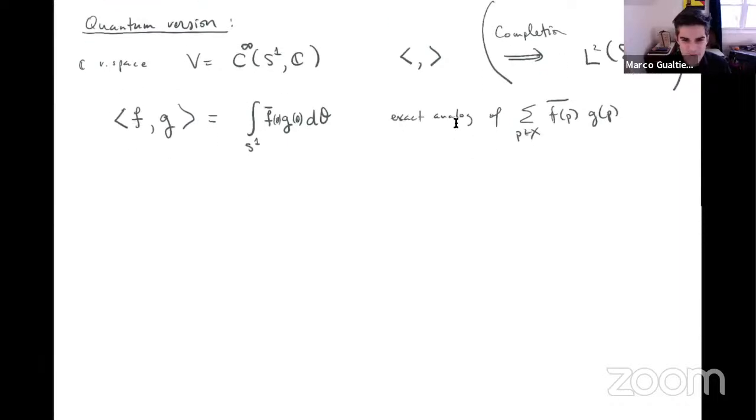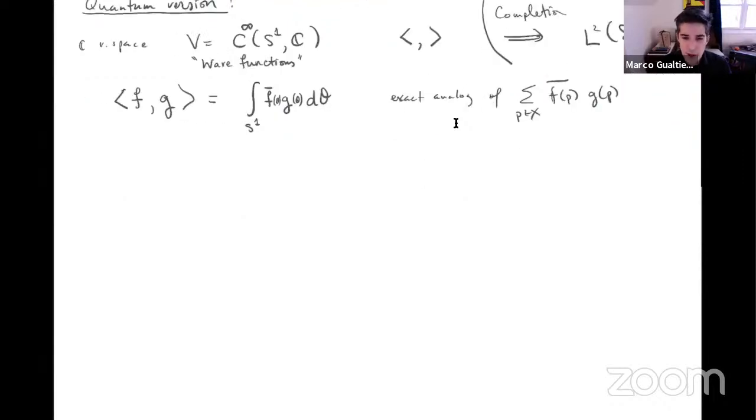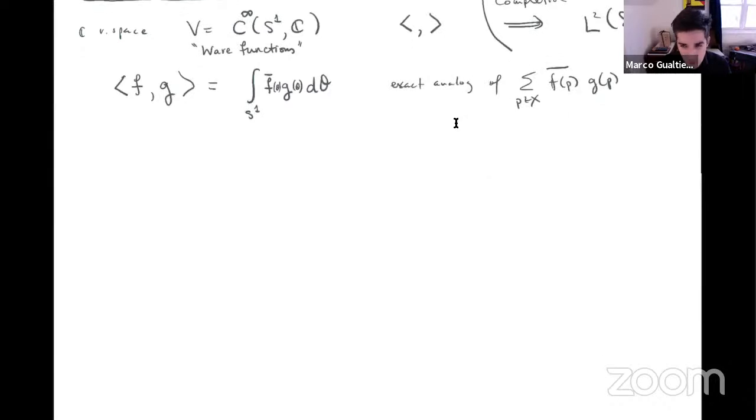And so these functions are called wave functions. And they have this inner product.